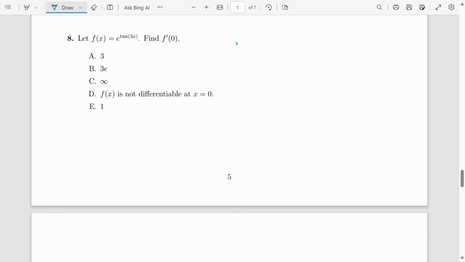So when we're doing this, f prime of x is going to start off being the exact same thing, so e to the tan of 3x. Now we do have to do chain rule after that. We have to multiply by the derivative of tan 3x, but it was nice starting off with the exact same thing there. So now we have to figure out what the derivative of tangent of 3x is, and I guess you could figure this out by realizing that tangent is just sine over cosine.